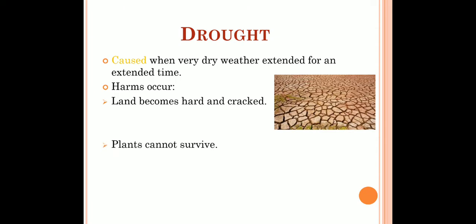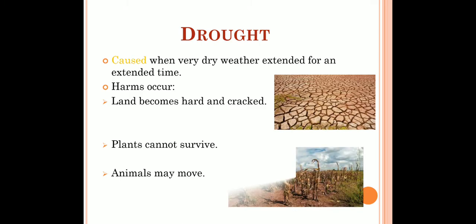Also, plants cannot survive in this land because there is no water, and the animals may move from this environment to another one where they can find water. So the harms caused by drought: the land becomes hard and cracked, plants cannot survive and will die, and animals may move from this environment.